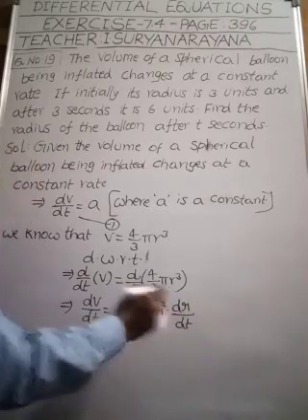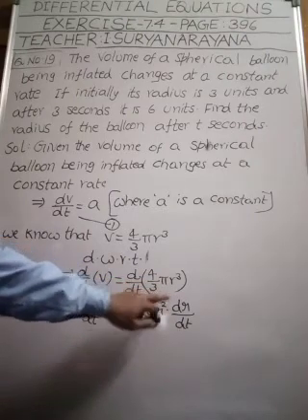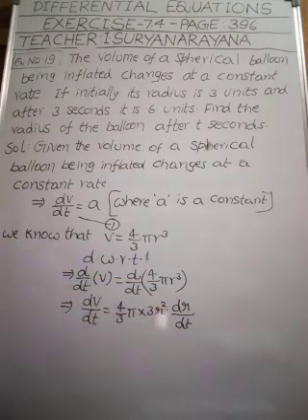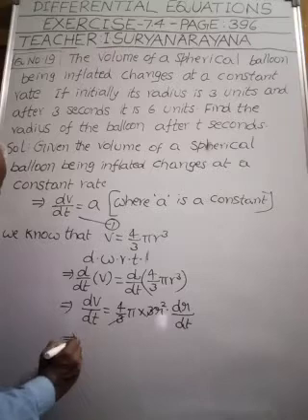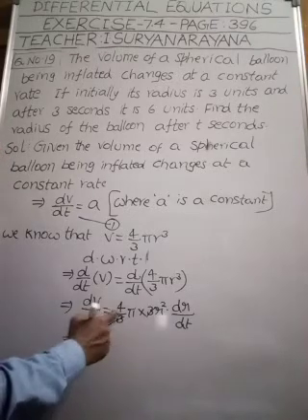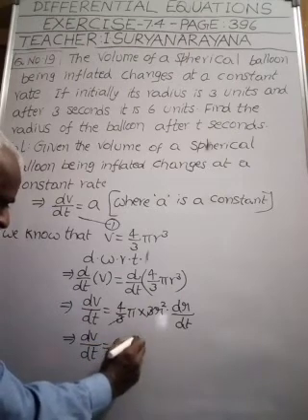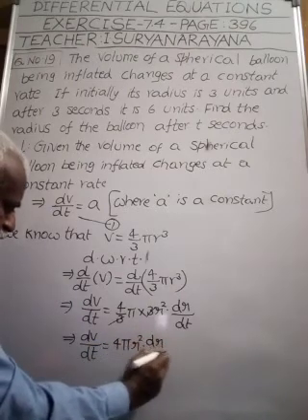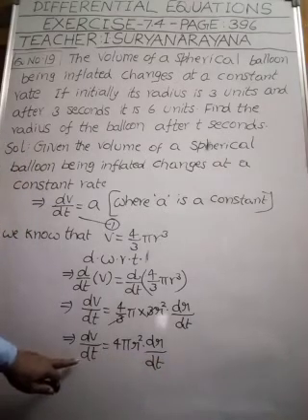Here we used the d by dx of x power n formula and also the chain rule. Okay, my children, understood? Right. So here 3 gets cancelled. So dV by dt is equal to 4 pi r square into dr by dt. Okay, my children, understood this step?